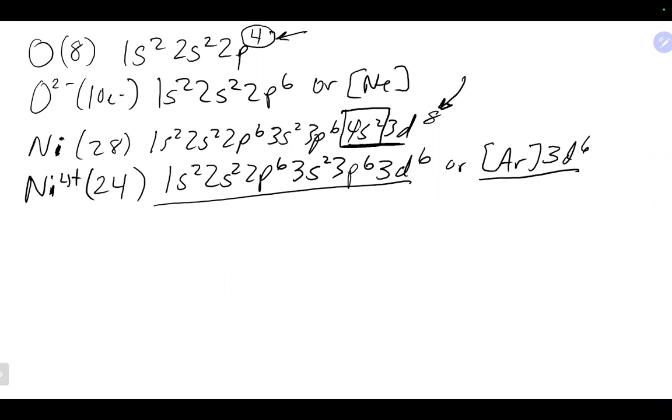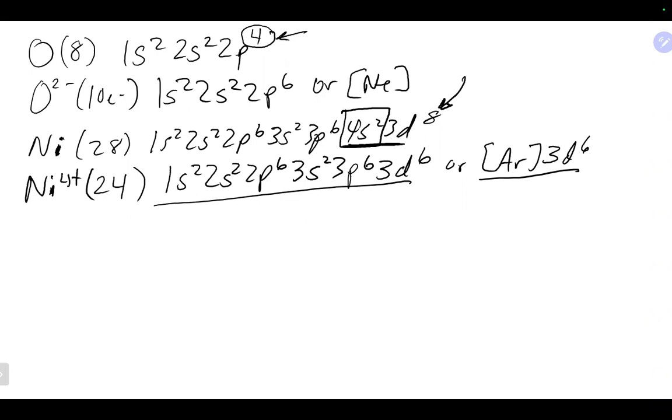But it's just the transition metals, because of that switch in energy that occurs, that you always take the s first, and then if you need more, you always go into the d. Everybody else, if you're taking away, should be from the one at the end, and if they're gaining, should go into the one at the end as well, the representative elements. Other questions on that? All right.